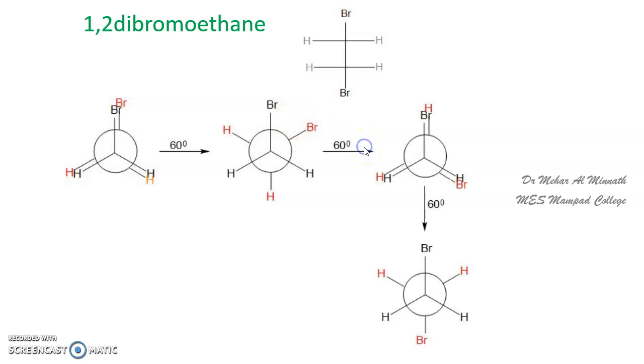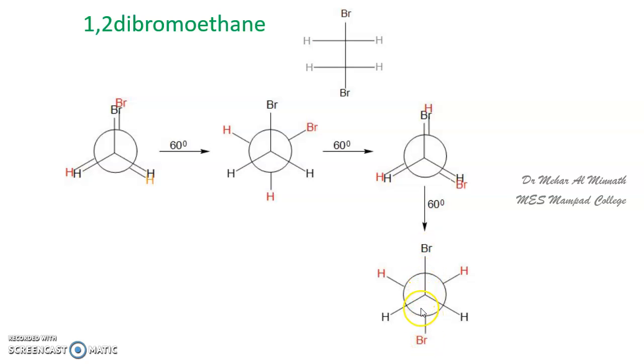Now another 60-degree rotation, we arrive at another eclipsed conformation, but this is called a partially eclipsed or simply eclipsed conformation, wherein the bulky groups are not eclipsing each other. The bromine is eclipsed by hydrogen on the two carbons. Another 60-degree rotation, we again arrive at another staggered conformation, the anti-conformation, wherein all the groups are anti to each other, even the bulky groups.